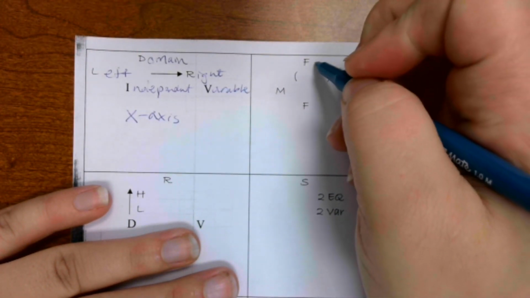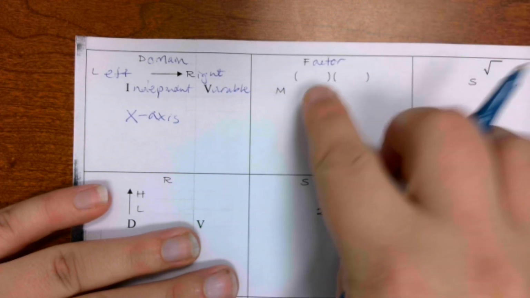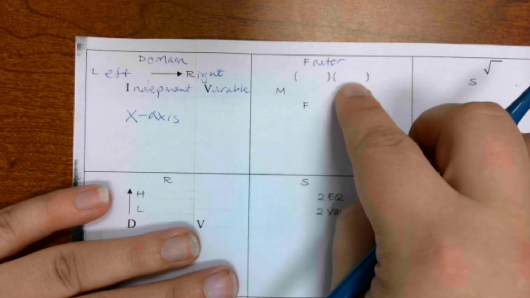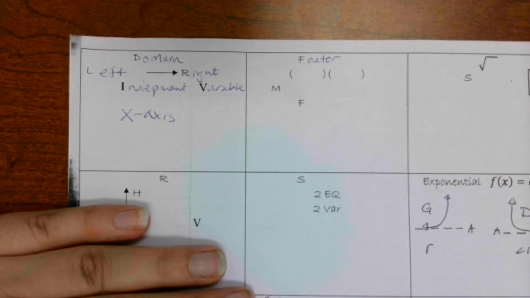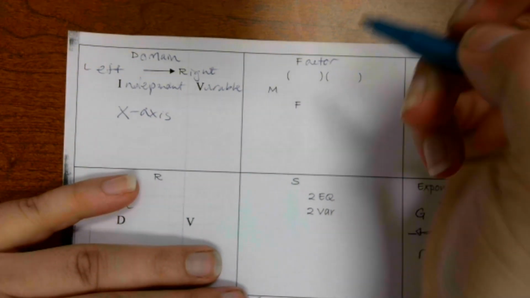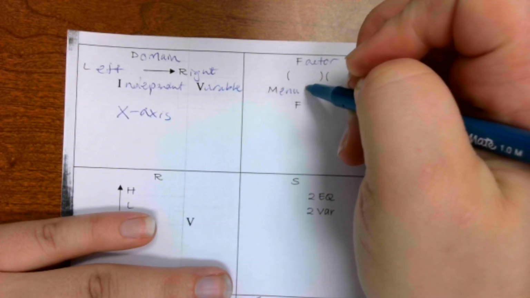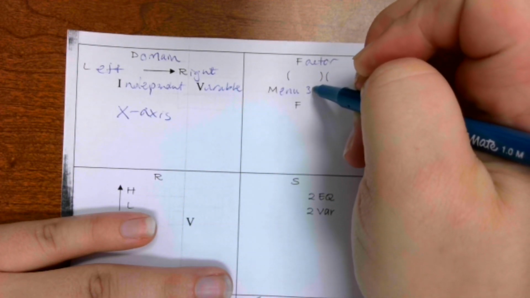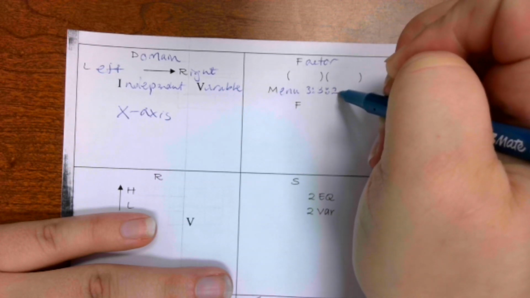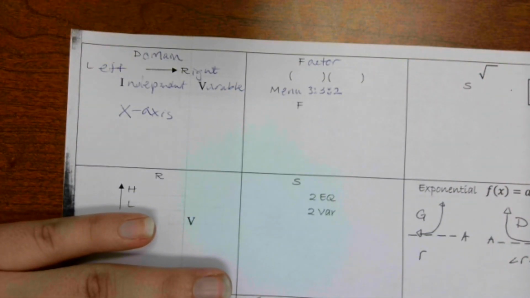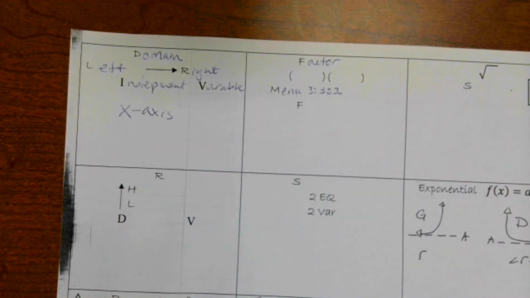This is for factoring. Anytime you see two sets of parentheses in the answer, or it asks for the factored form, most of the time it's going to say what's the equivalent form. You're going to use menu 3, 3, 2. And this pen is difficult to read. Let me grab a better one.